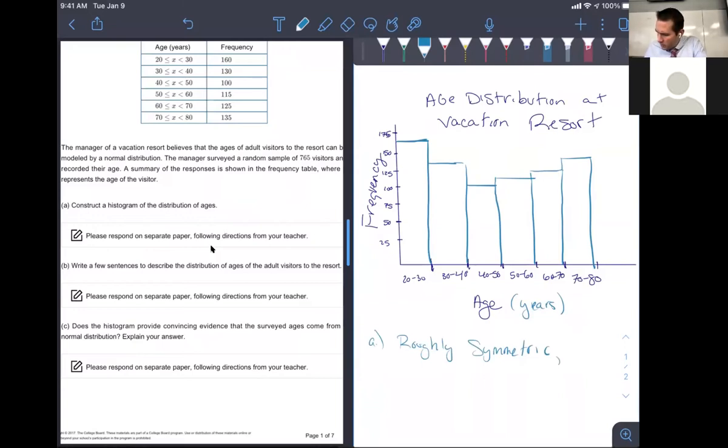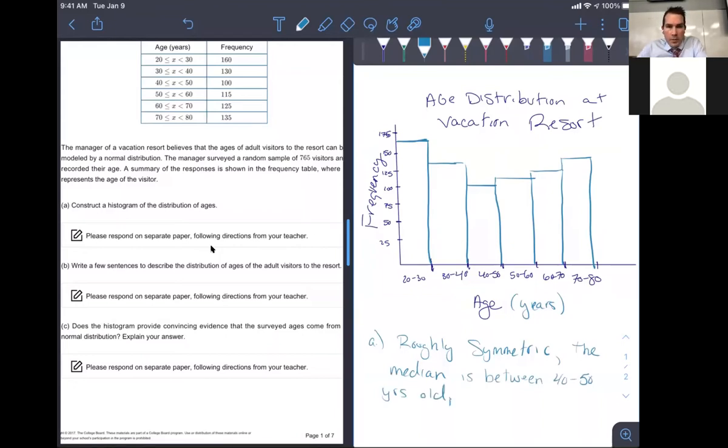So the median, I would say, is roughly between 40 and 50 years old, just from an eyeball.